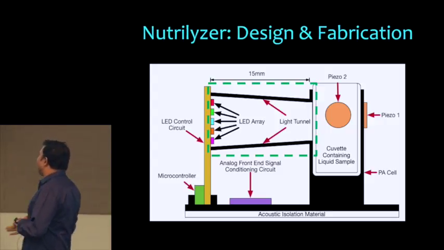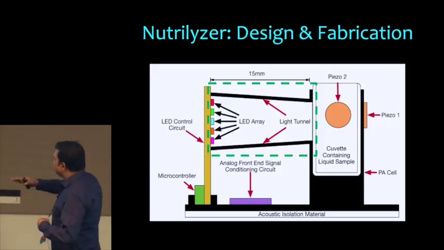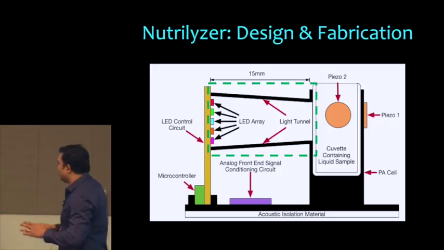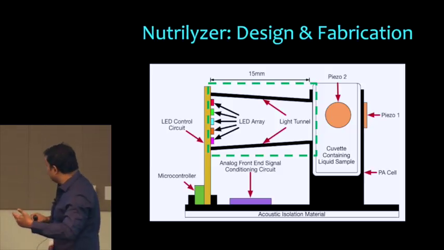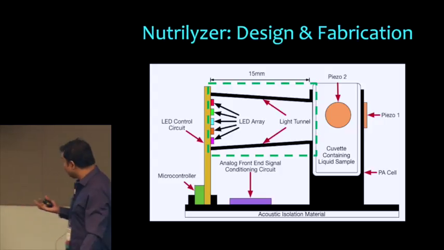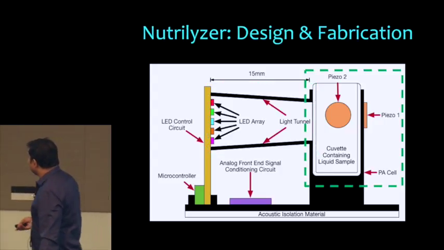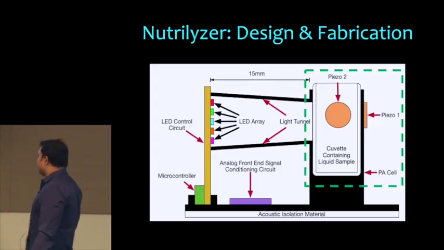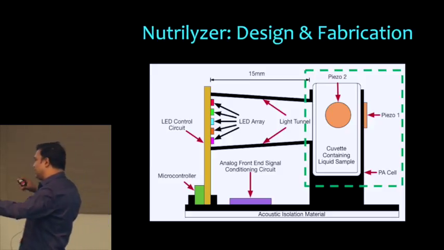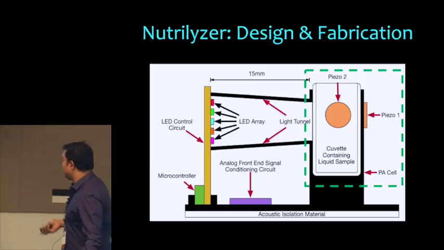So now let's go back to the design. Right in front of that PCB, we have placed a light tunnel so that it can steer all the light in the direction of the cuvette, which contains the target analyte liquid sample. If you notice closely, we have used two piezoelectric sensors: one is placed facing the light beam, and the other is perpendicular to it.